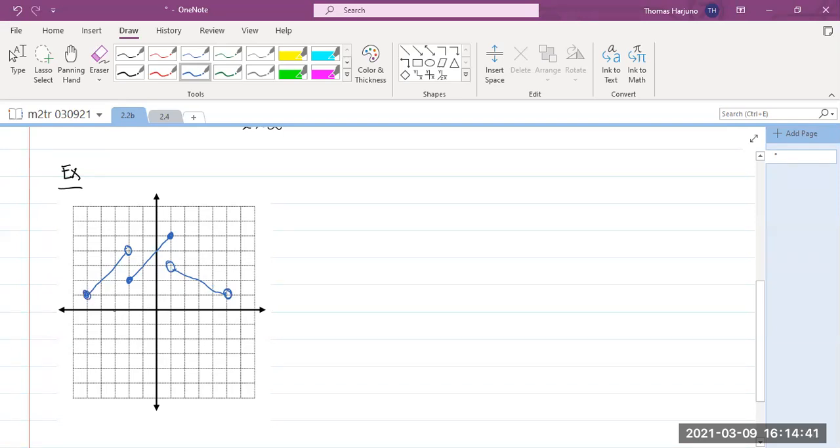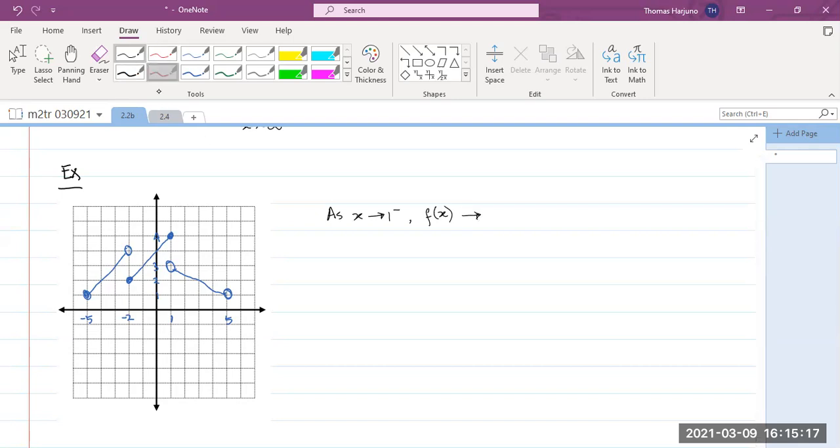Okay, this will be -5 here. This is -2. This is 1. This is 5. This is 3, 2, 1, 4. Okay, so let's see. As x approaching 1 from the left-hand side, f(x) approaches what?